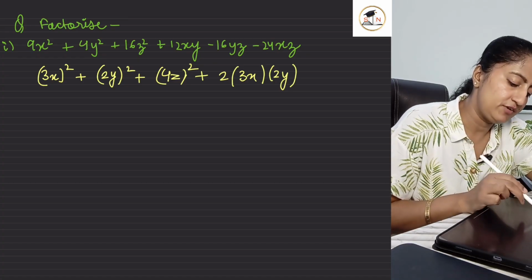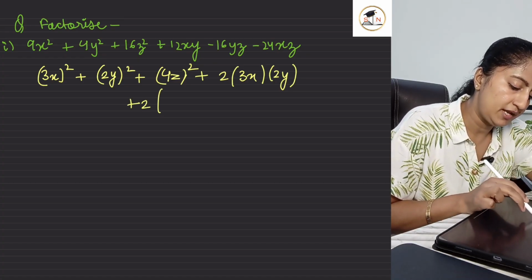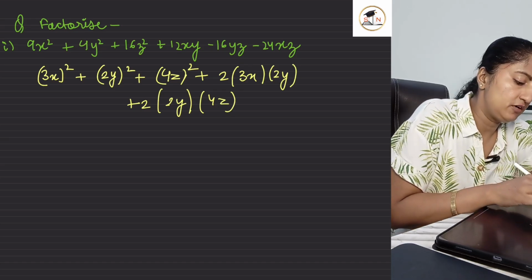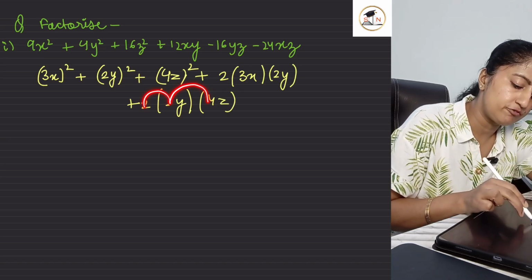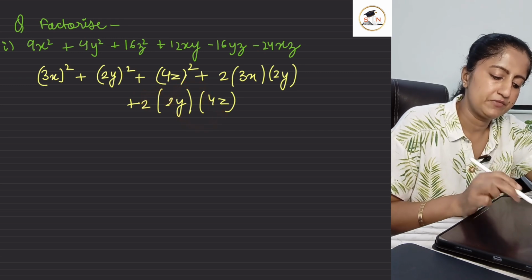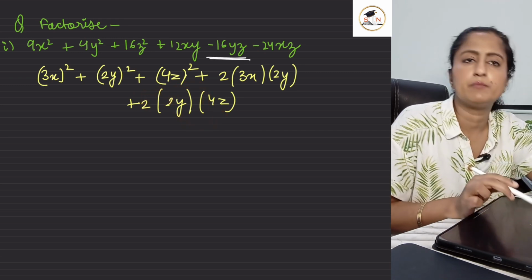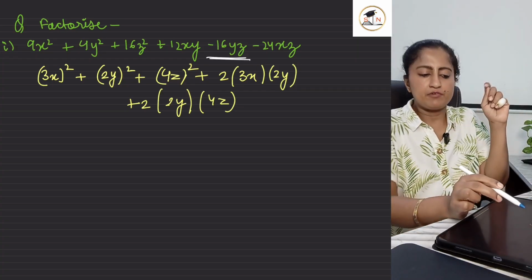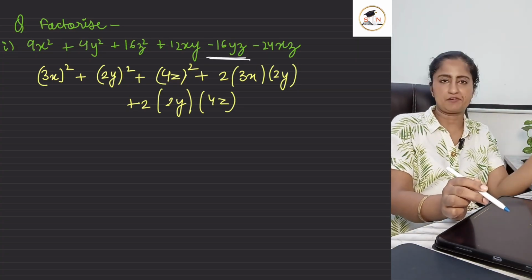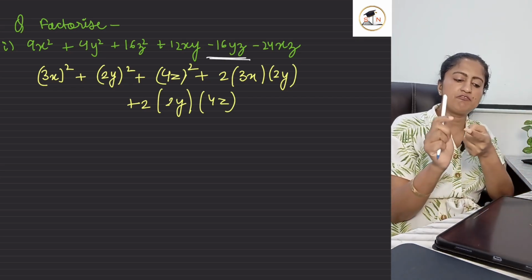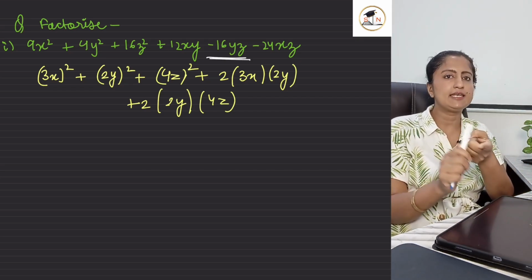Moving on, we have plus 2 into 2y into 4z. Verifying now: 2 into 2 is 4, 4 into 4 is 16, yz. But this term is actually negative over here. Now, if the product is given negative in a factorization question, we have to understand whether it is my y or z which is negative.